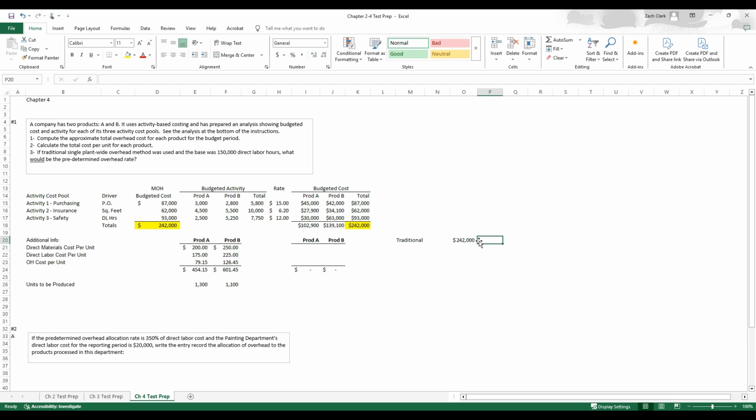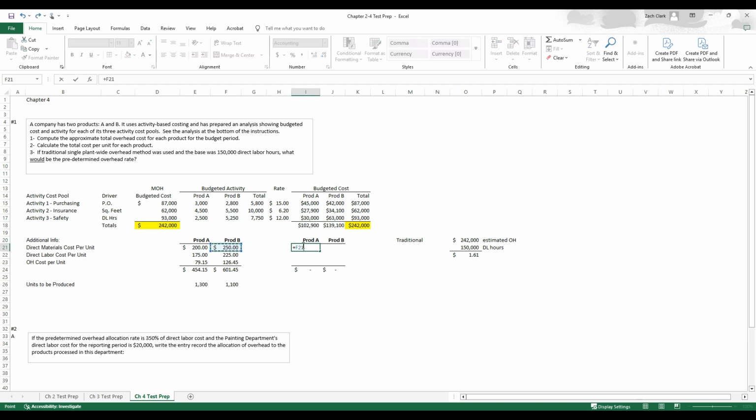So this is estimated overhead. Then we have our base, which is 150,000 direct labor hours. Okay. And then we do our division. So for every direct labor hour, we are going to apply $1.61. So how many direct labor hours? So 93. So that's all based on this.